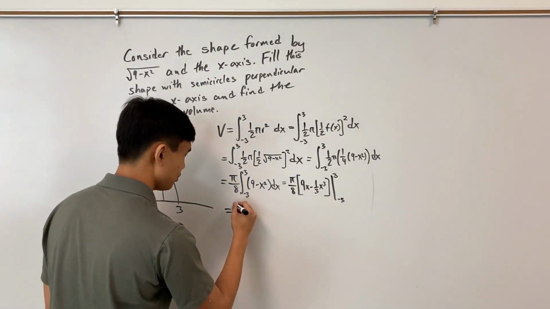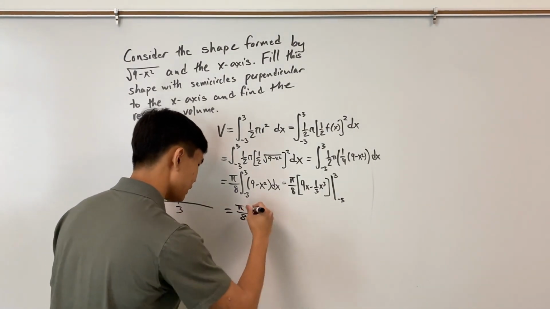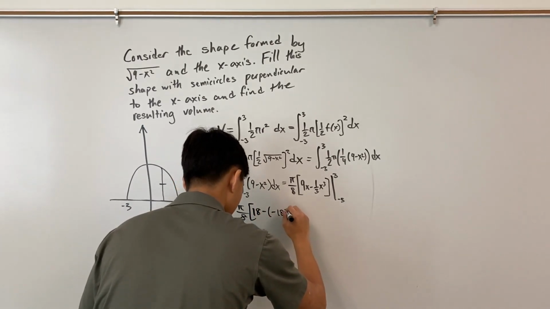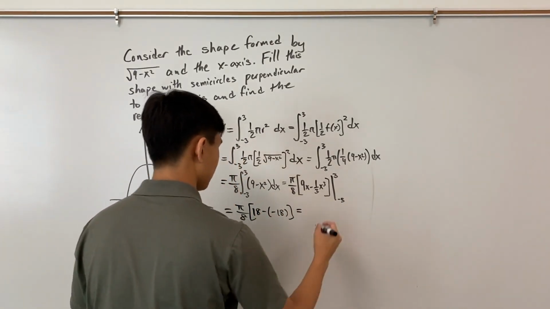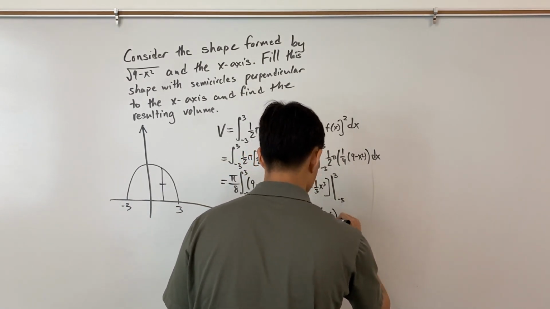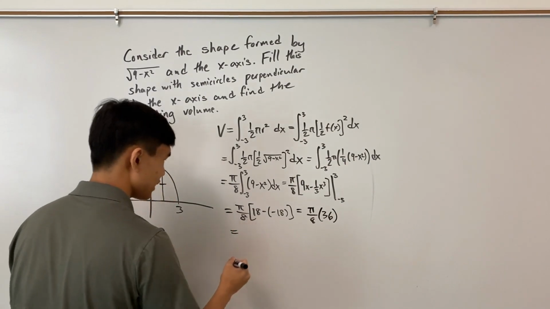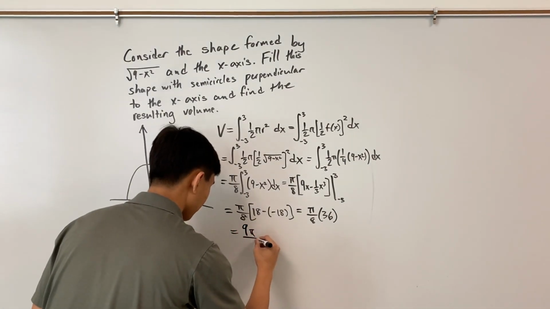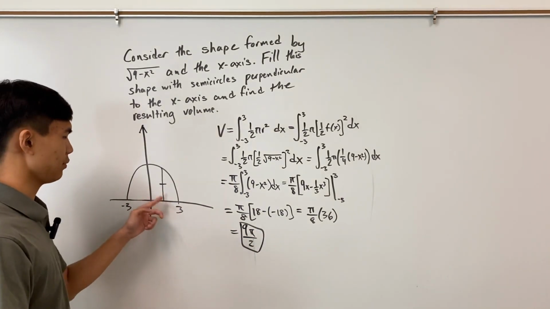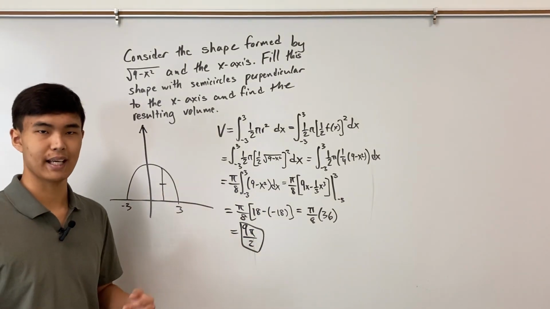And this is equal to pi over 8 times 18 minus -18, which is pi over 8 times 36, which is 9 pi over 2. That's the volume you get when you fill this shape with semicircles perpendicular to the x-axis.